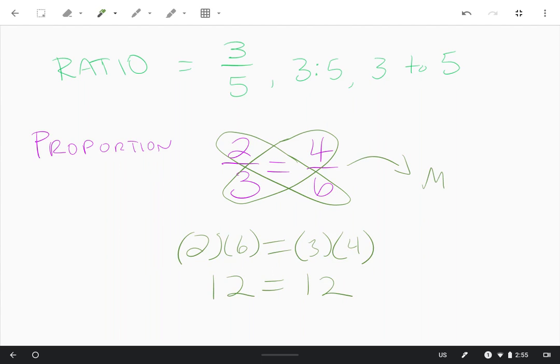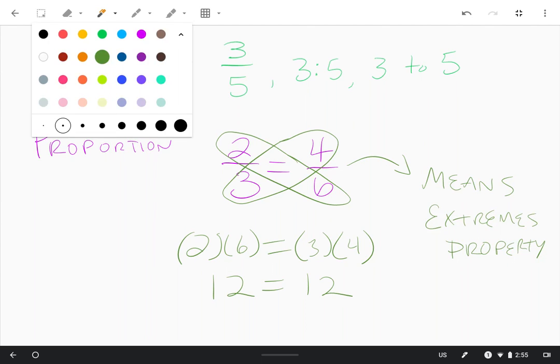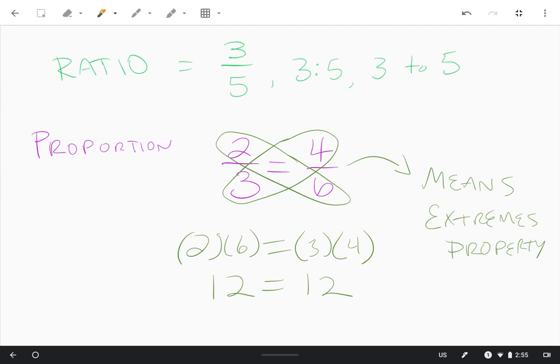This idea is called the means extremes property of proportions. You probably heard it called another name, which is cross multiplication.